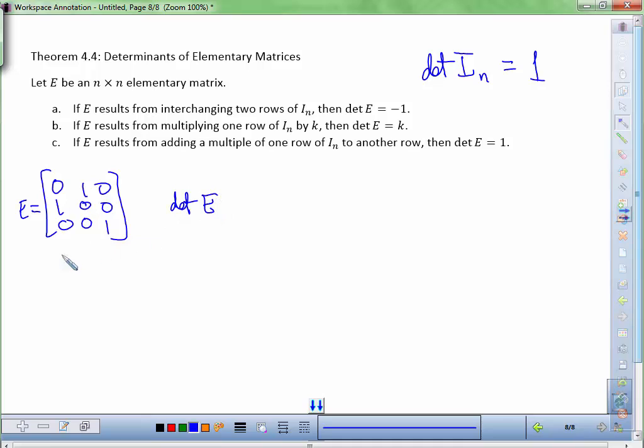If we expand along the first row, we get 0 times some matrix with a plus, and then the next one is -1 times the 2 by 2 matrix we're left with, which is the identity, and then plus 0 times another matrix.